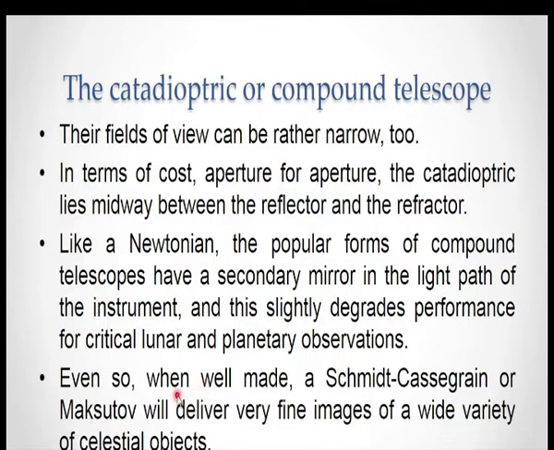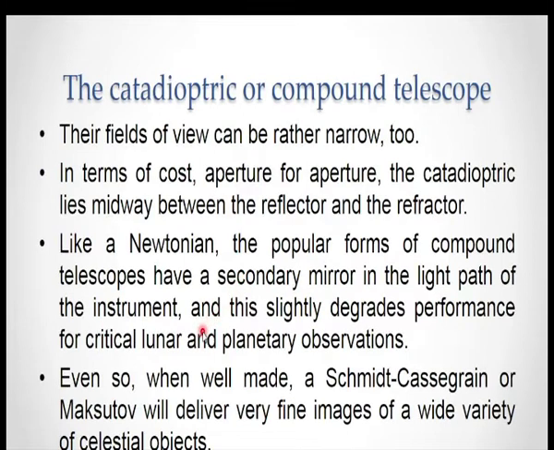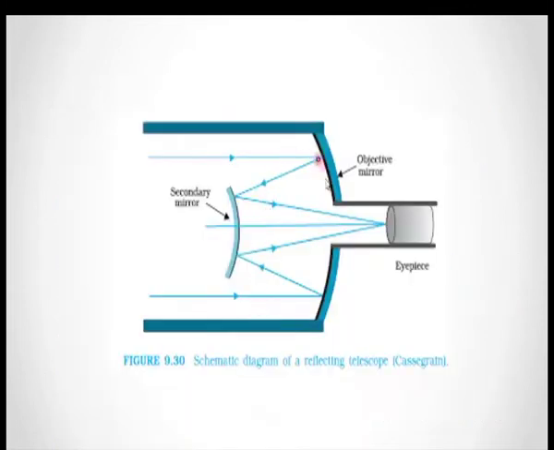Like a Newtonian, the popular forms of compound telescope have a secondary mirror in the light path of the instrument. You can see that secondary mirror in the light path. Even so, a Schmidt Cassegrain or Maksutov Cassegrain will deliver very fine images of a wide variety of celestial objects. So this is the advantage.